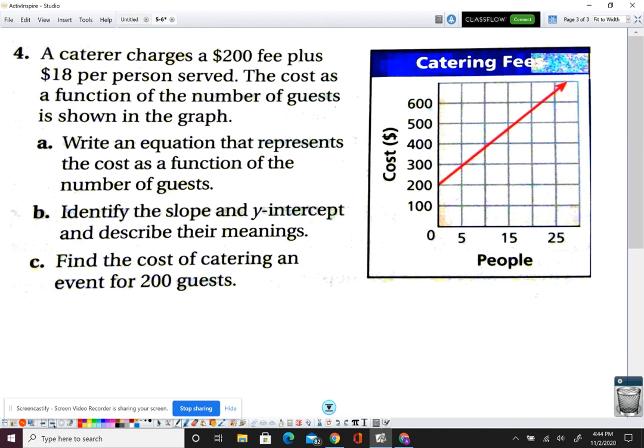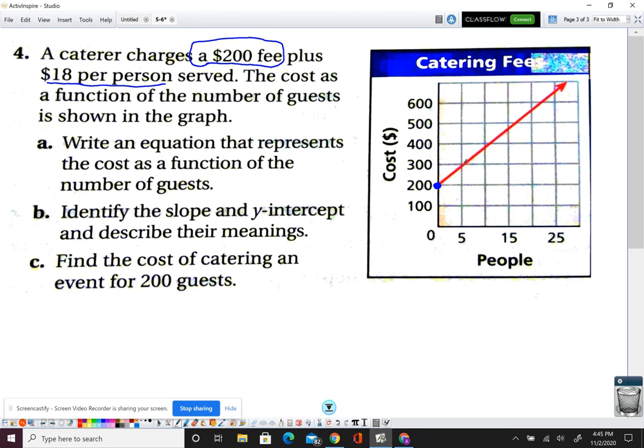Now let's look at this case. Sometimes they ask you to interpret what these things mean. A catering company charges a $200 fee. So if they come on site, they're going to charge you $200 no matter what. And then they're charging $18 per person.